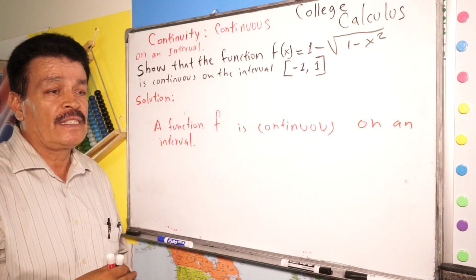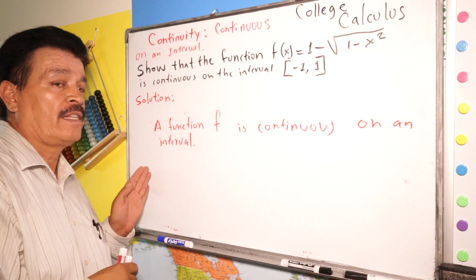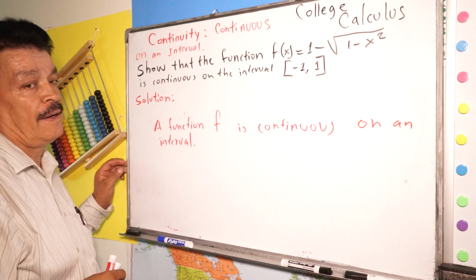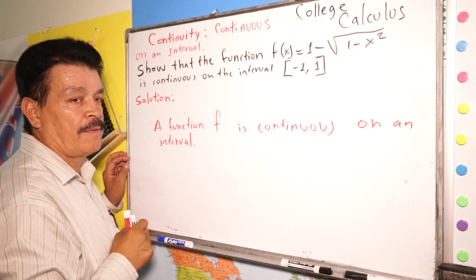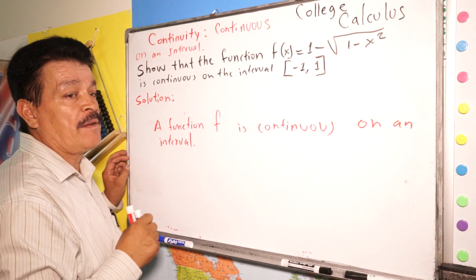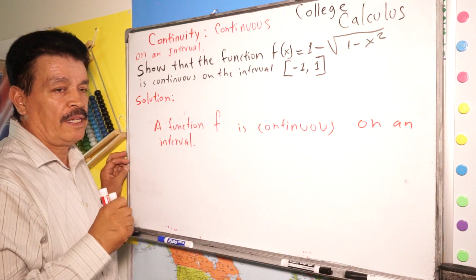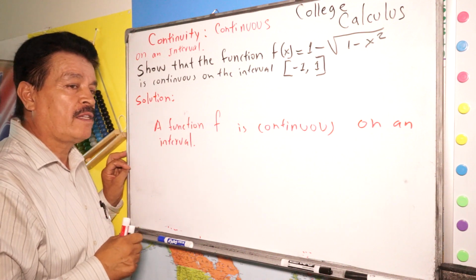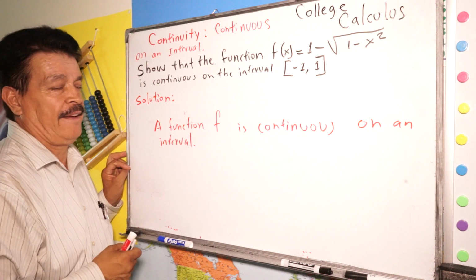If f is defined only on one side of an endpoint, at the endpoint we mean continuous from the right or continuous from the left.